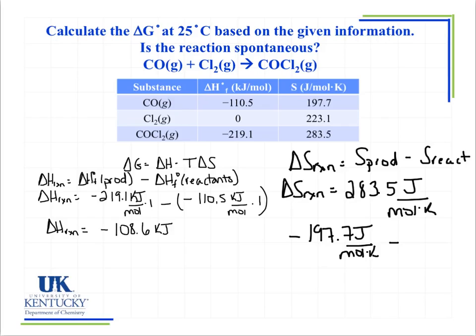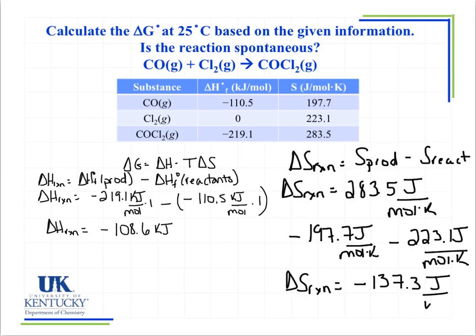And so I have 223.1 joules per mole Kelvin. And what I find is that the delta S of my reaction is equal to minus 137.3 joules per Kelvin. Because each of these is 1 mole, my moles will have canceled out as well. So now I know my delta S of reaction.